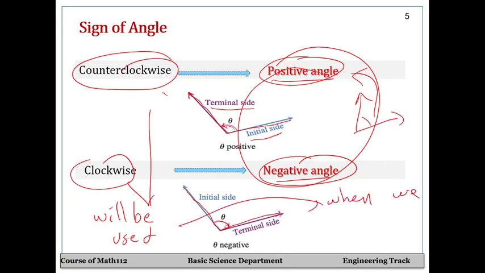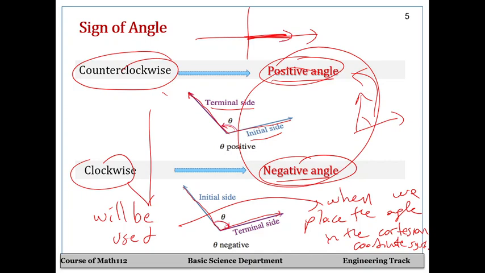when we place the angle in the Cartesian coordinate system. So we will talk about this here. There will be the angle here. If you put the other terminal side, if you look at it this way, it will be minus some angle. But if it goes this way, you will say it's plus something. So it will be a minus angle here, and this will be a minus angle. So it will be important in here. Okay, for now, it's not a big deal.